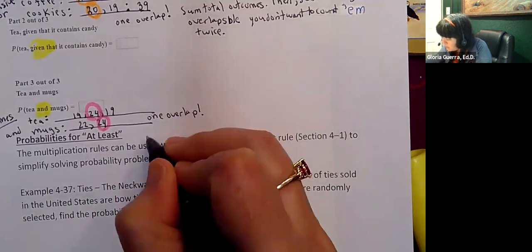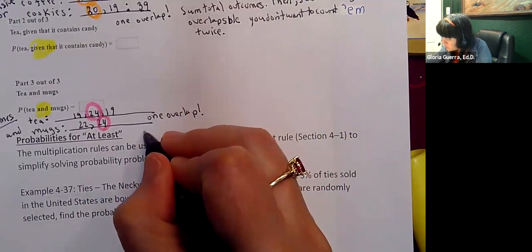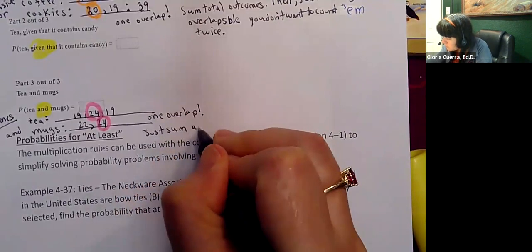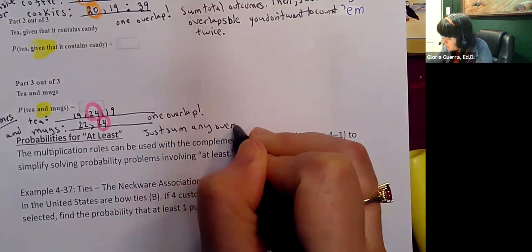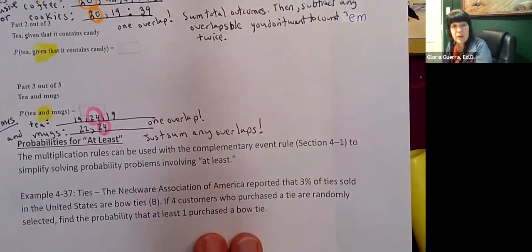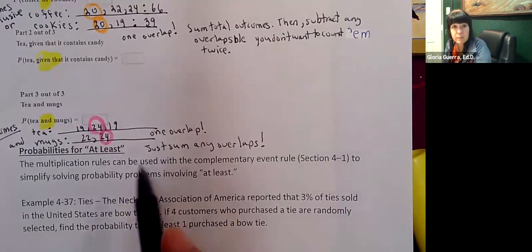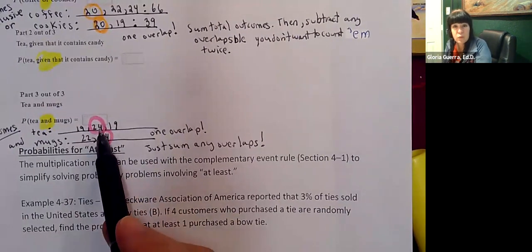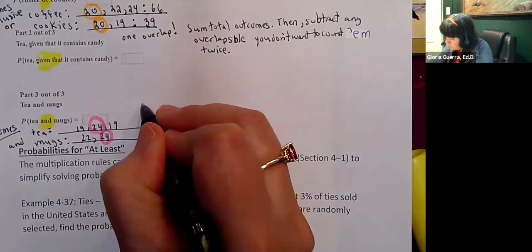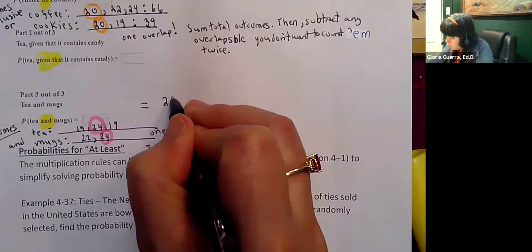So for the "and," what you just do is sum any overlaps. That's all you do for the "and." You just have one overlap, so you just have 24. So this is just 24 over 128.